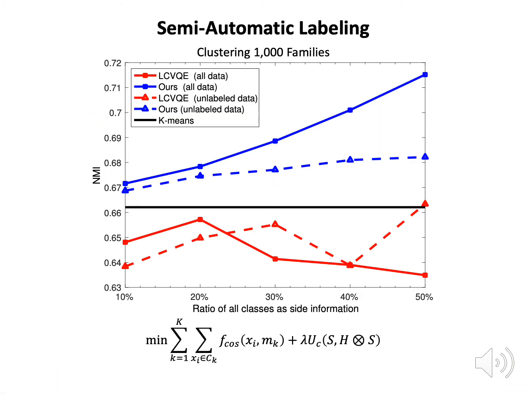So how well does this work, and why don't we just use constraints? Well, state-of-the-art constraints actually do not work well for this problem. As you can see, the bottom red lines show that the hard constraints actually add conflicting information. So with that, you can see that it never actually improves over the baseline k-means, where no side information is used at all, where no labels are used. It's actually quite worse.